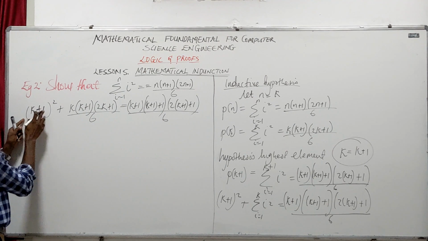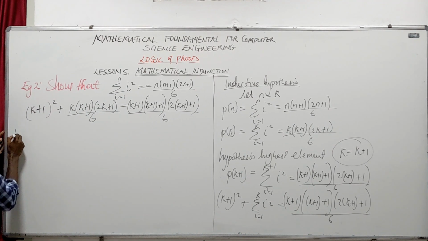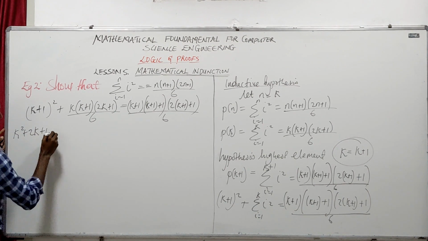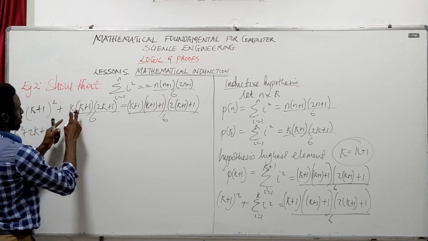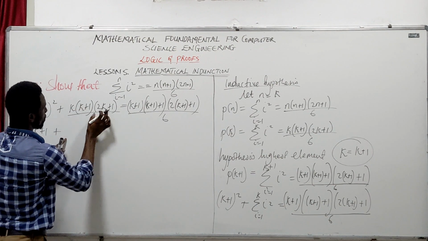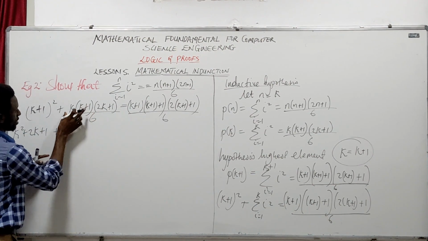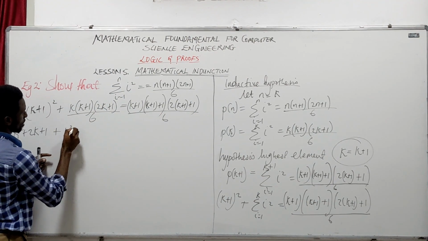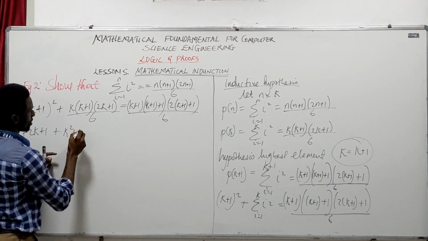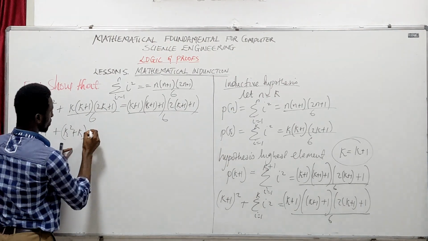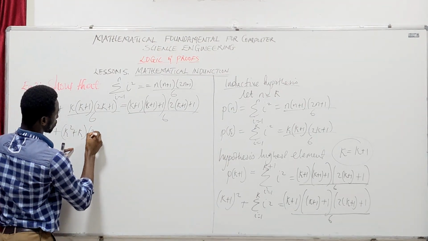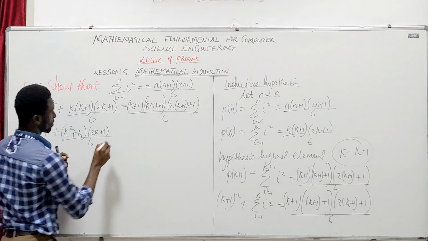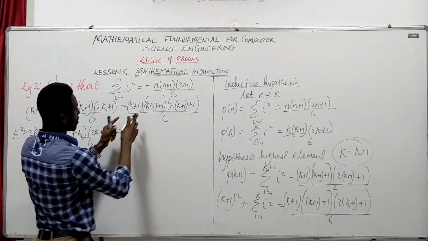So for this, k plus 1 squared is the same as k squared plus 2k plus 1 plus, then we first expand this first one, which is k times k is k squared plus k, then add this into 2k plus 1 over 6, must be equal to this.